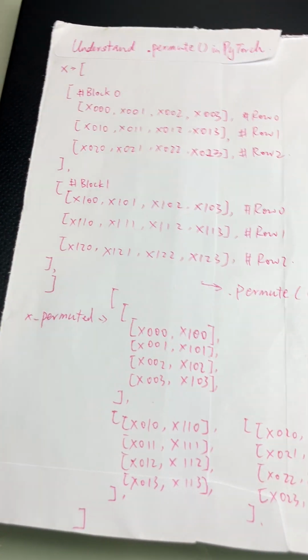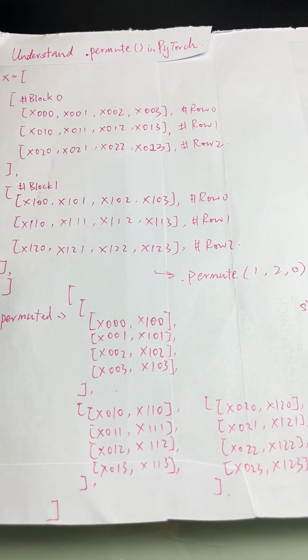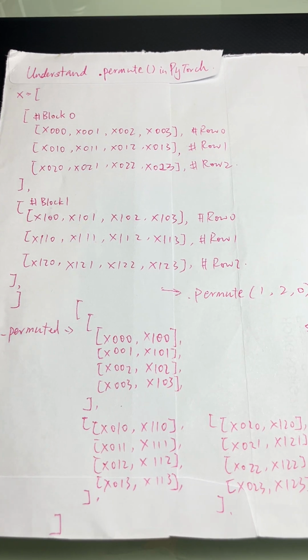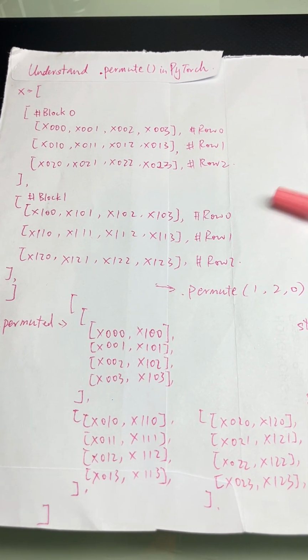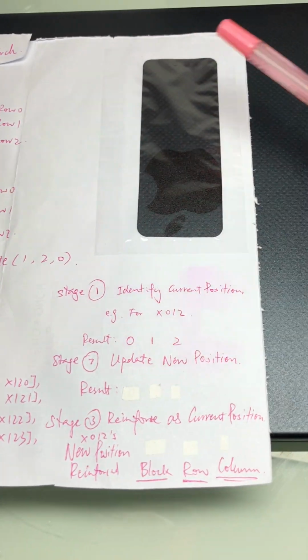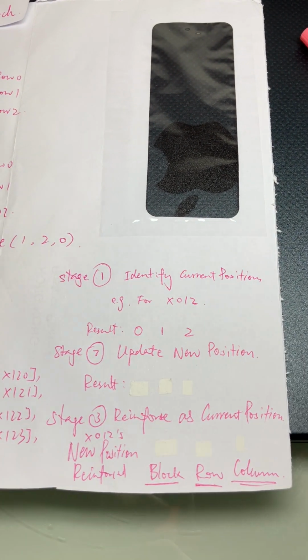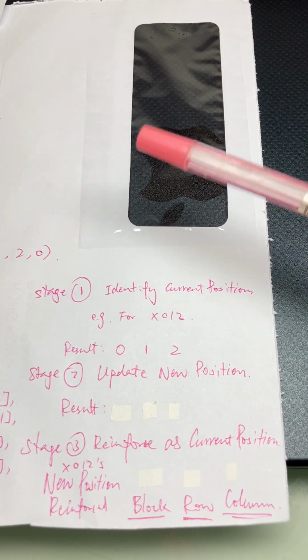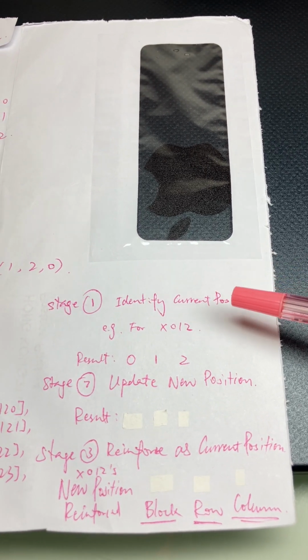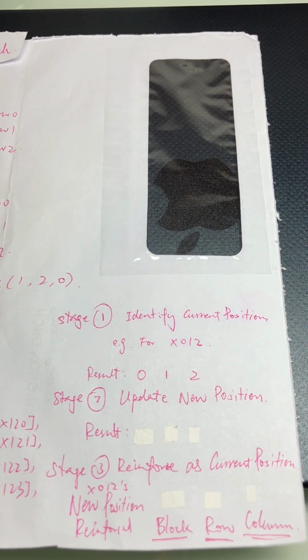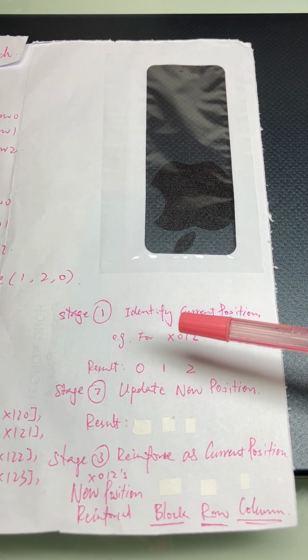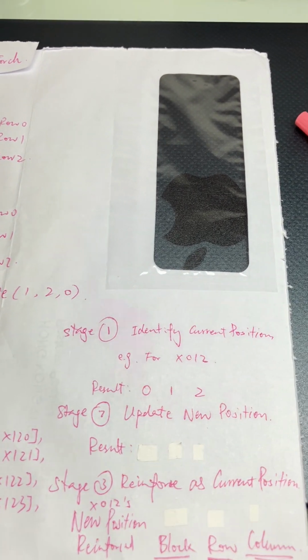The solution to understanding this is to have 3 stages. For the first stage, we identify the current position. For example, for this x012, remember what that means.